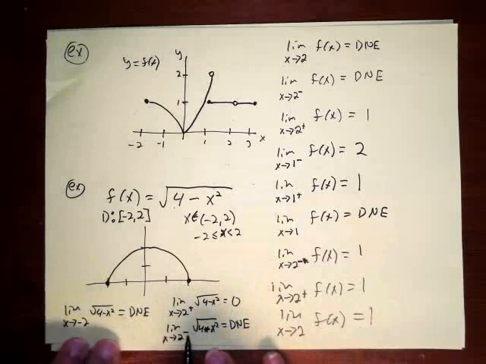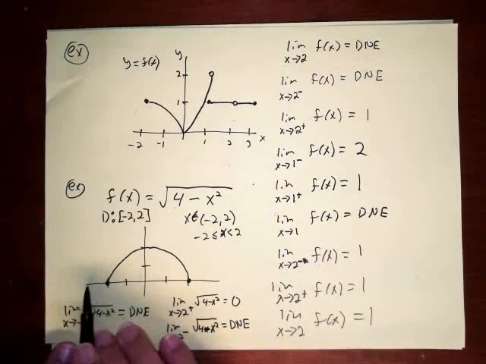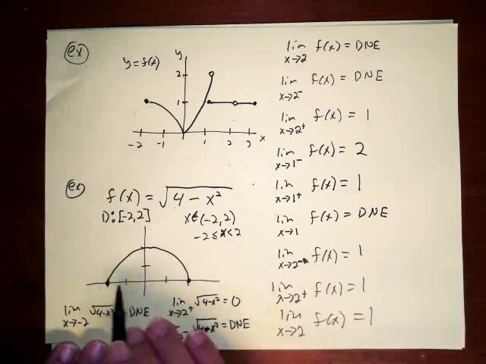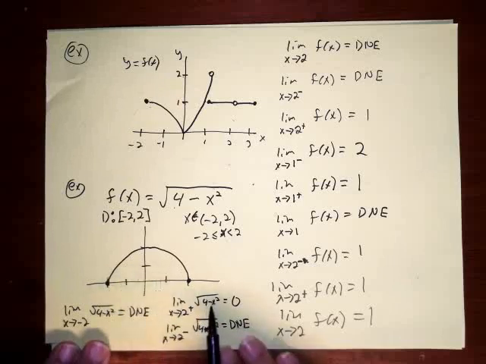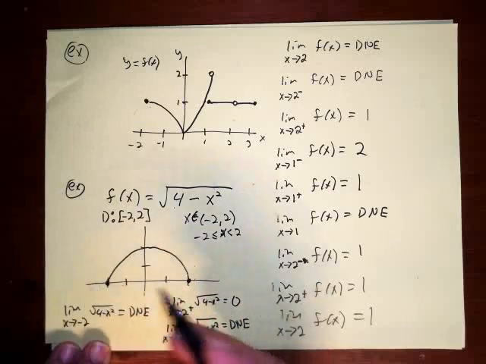And you can see why, because if I was approaching from the negative side, these values would be below -2, and if you plug them in here, then you would get a negative underneath the radical, right? But if you approach from this side, then these values are above -2, and you can plug them in here, and you would get a positive number. Okay, so it's defined here, but on this side it's not defined.